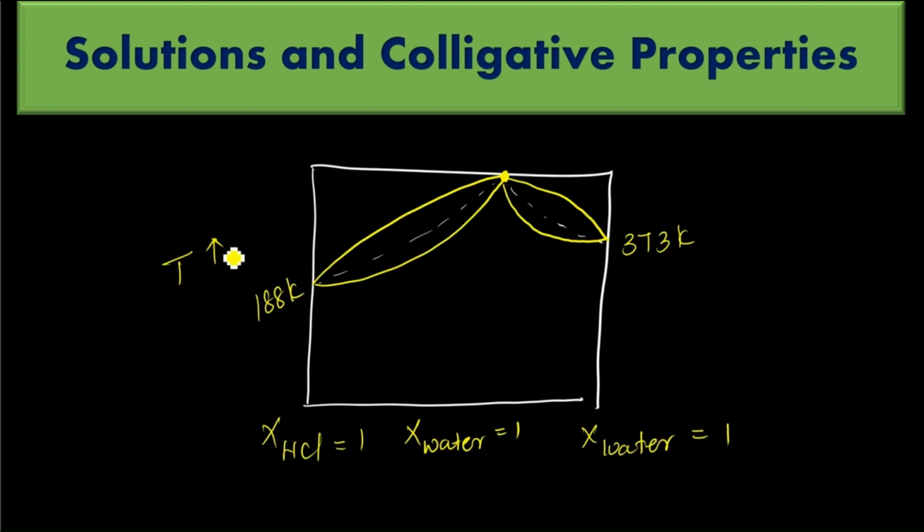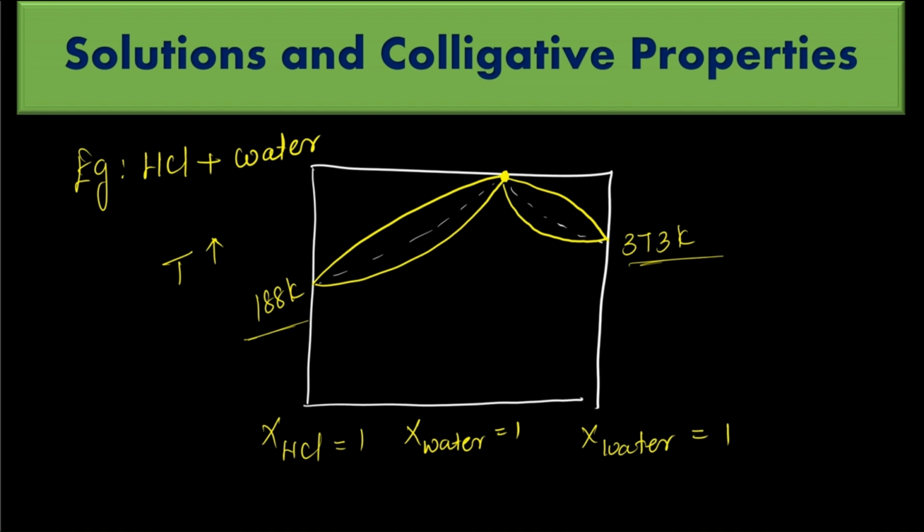Here is the graphical representation of a maximum boiling azeotrope, and the example is acid plus water. I took HCl plus water as an example. Here you can see the boiling points: 188 Kelvin for HCl and 373 Kelvin for water.